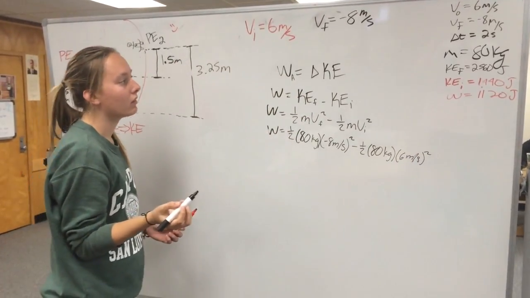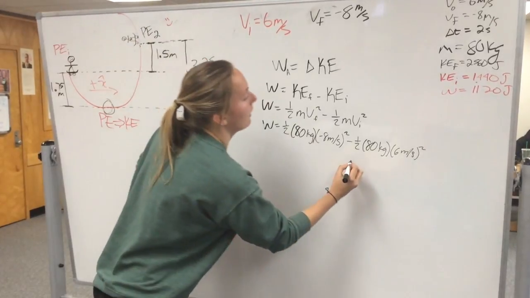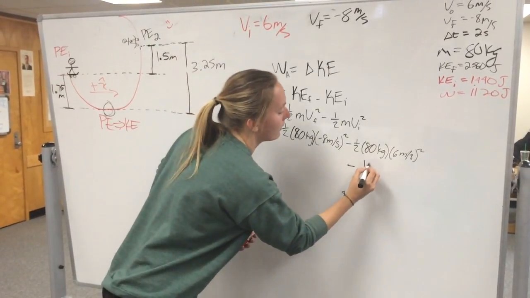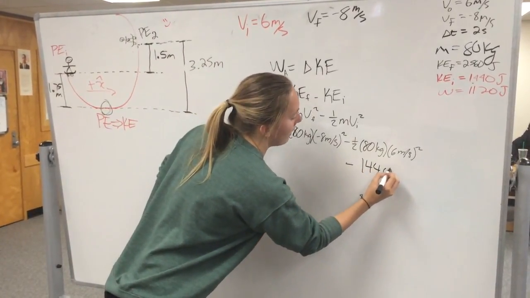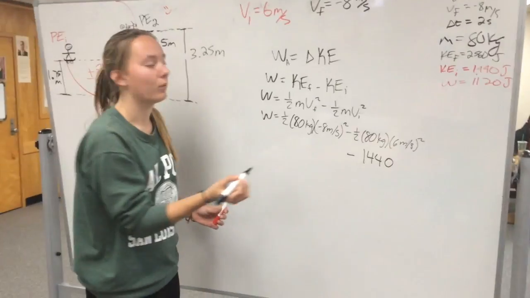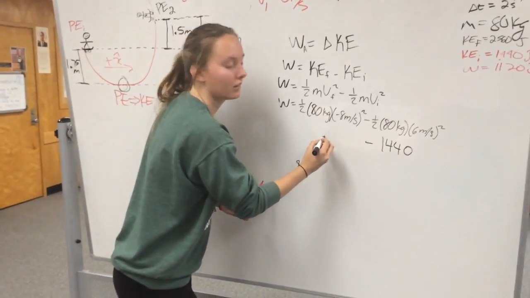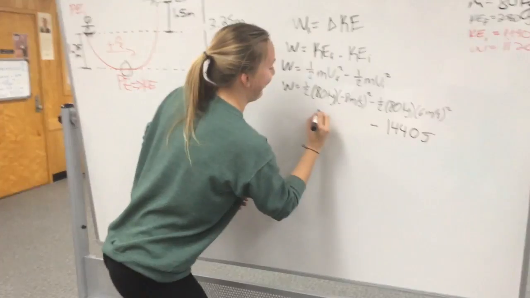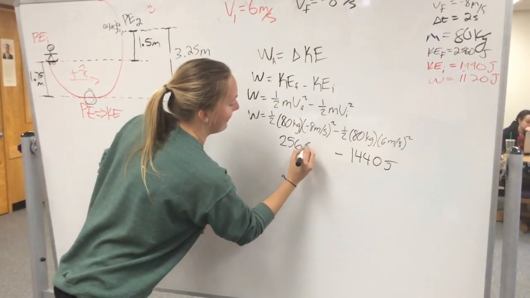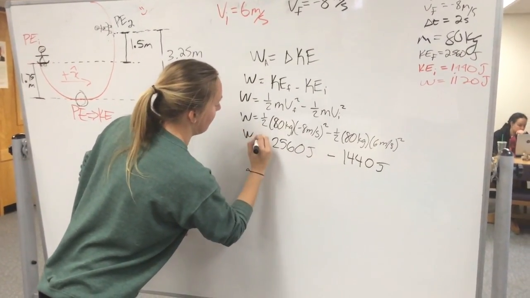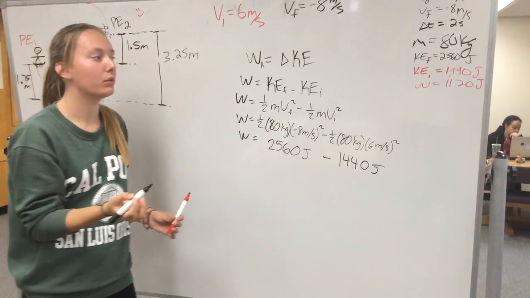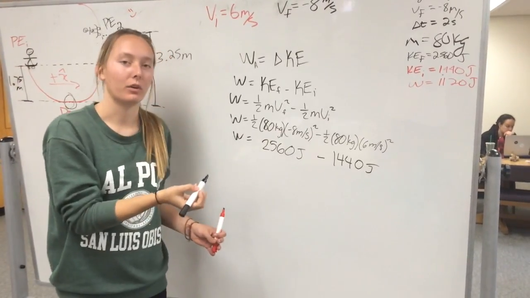We know that our initial kinetic energy is equal to 1440 joules, and our final is equal to 2560. So we know that our work is equal to 1,120 joules.